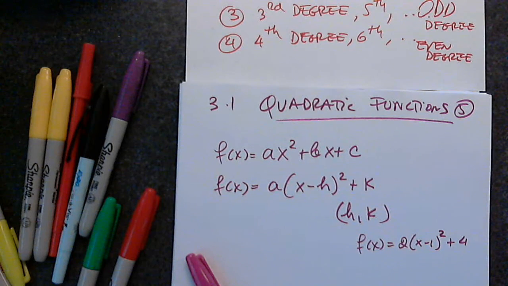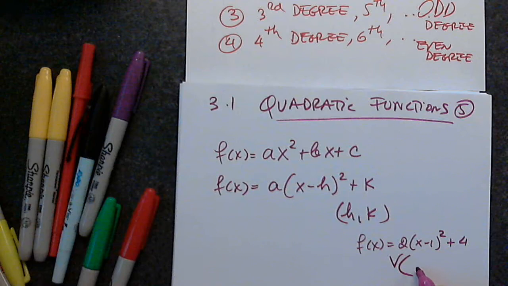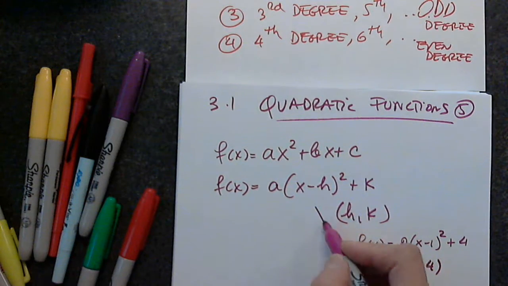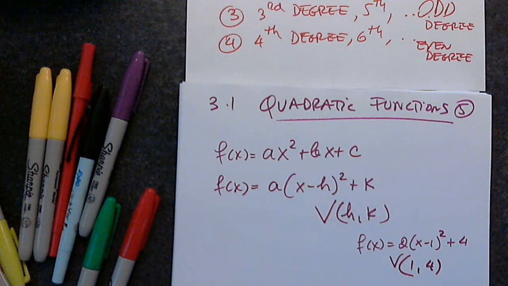We said to the right one. So what is the vertex? 1, 4. What do you think is this? H comma K? The vertex. Exactly. See, we didn't even graph the function. I just looked silly with my arms up, and we determined the vertex without even graphing it. So that is what H comma K represent.